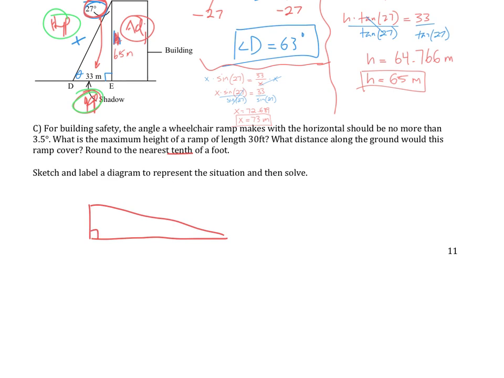And so it says the ramp has a length of 30 feet. So the ramp itself is 30 feet. And it says the angle the wheelchair ramp makes with the horizontal should be no more than 3.5 degrees. So horizontal is side to side.